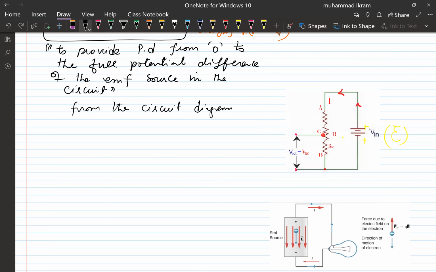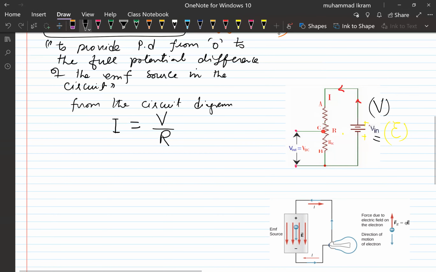From the circuit diagram, which is our input, the total current flowing in the circuit is I, equal to V by R, where V is the input and R is the resistance of the circuit.